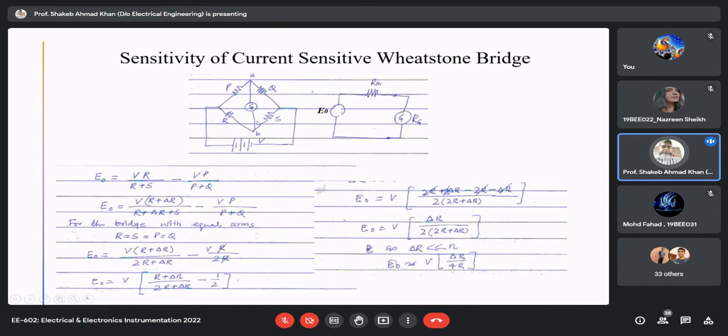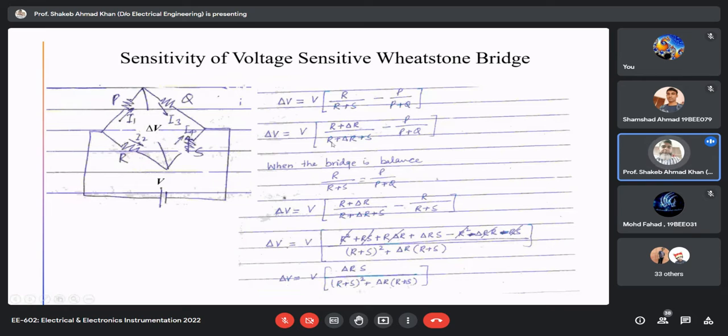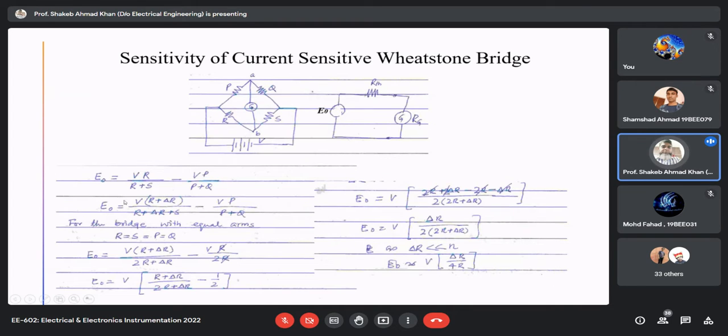If you look at this, when we make it open and try to find E naught, it is nothing but a voltage sensitive configuration. So this will be the expression for E naught, because we are opening it. That's what I had written: V R upon R plus S minus V into P upon P plus Q. If the bridge is balanced, this difference will be zero.